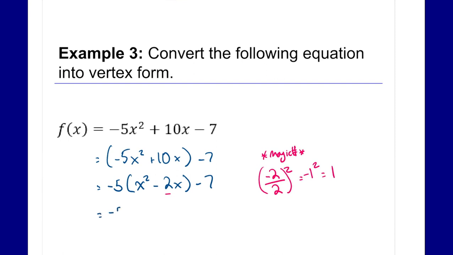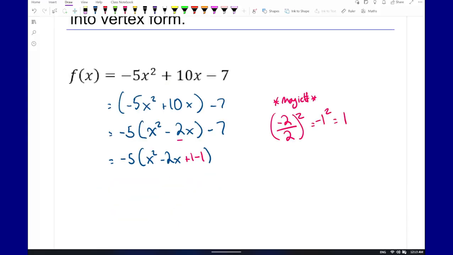So now I can take this negative 5, x squared minus 2x plus 1 minus 1. So that's plugging that magic number in. We have that minus 7 on the outside.